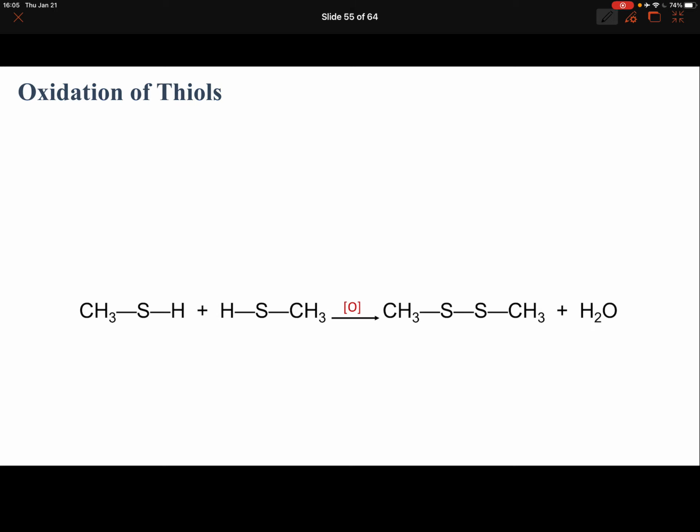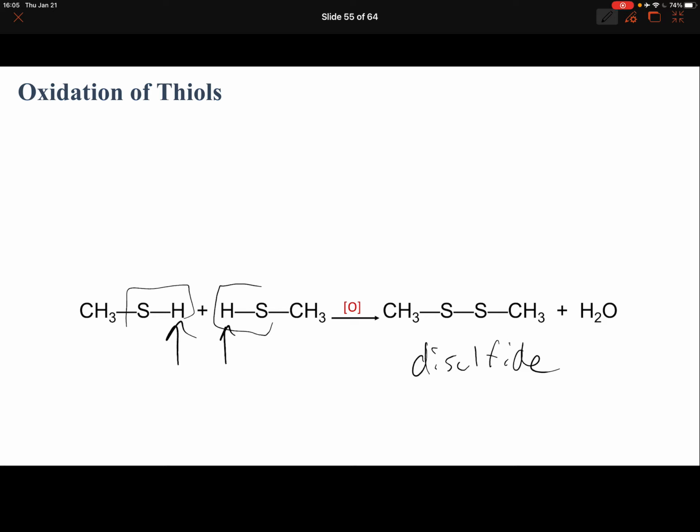Let's take a look at thiols. Thiols undergo oxidation when an H atom is lost from each of the 2 thiols. So here we have the SH group and another SH group. And when these 2 H's are both lost, we form something called a disulfide. We'll look at these more when we get to proteins.